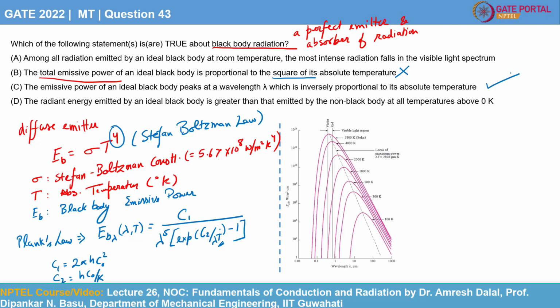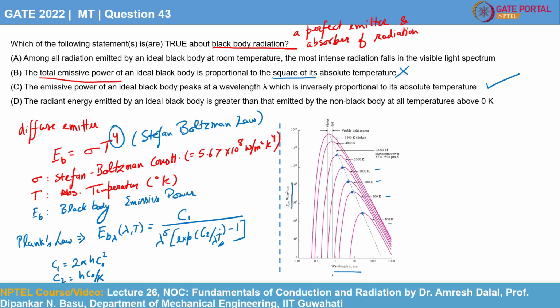Why? Take a look at this graph. Here you can see spectral emissive power on the y-axis and wavelength on the x-axis. As you increase the temperature from 100, 300, 500, 1000 Kelvin, you will find that the peak of E_B lambda, the spectral emissive power, is coming at smaller wavelength.